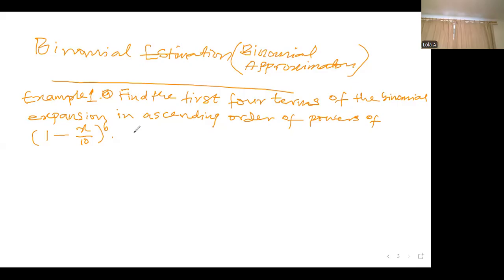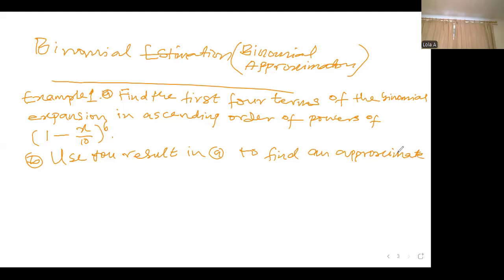That's question A. Question B says use your results in A to find an approximate value for 0.99 raised to the power of 6.